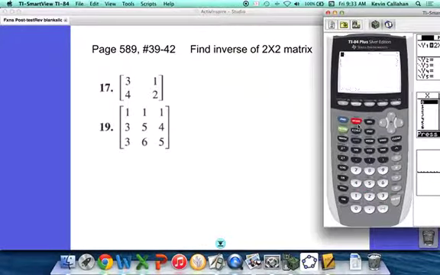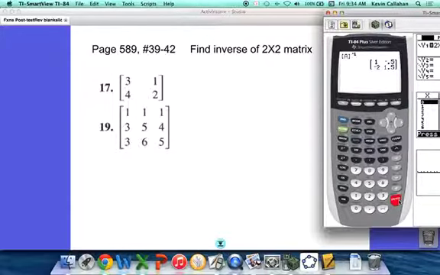Okay, so quit. Now using the calculator, how do you find the inverse? Bring up the matrix, second matrix, just in that first column, take 1, and now hit the x to the minus 1 button. That's the inverse.